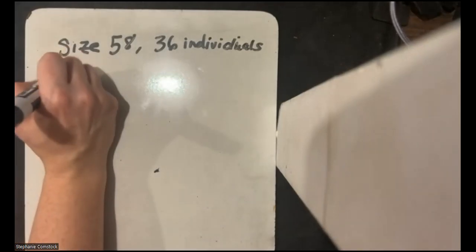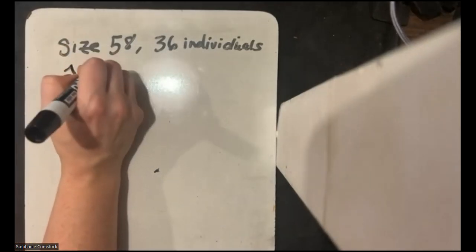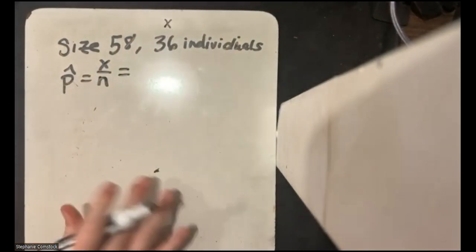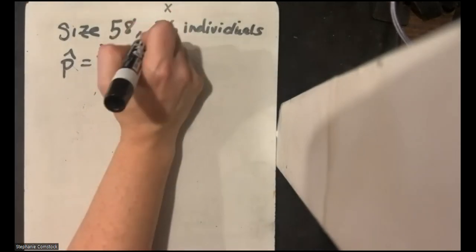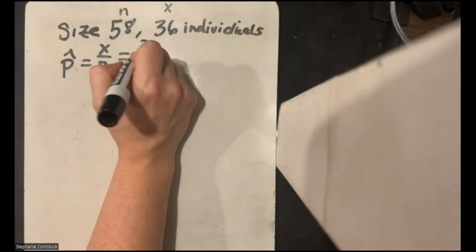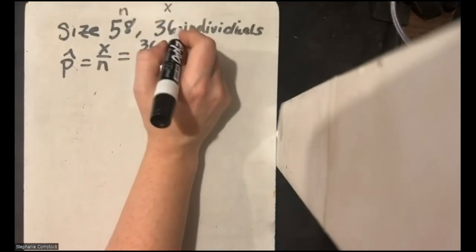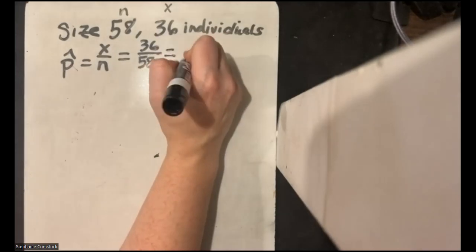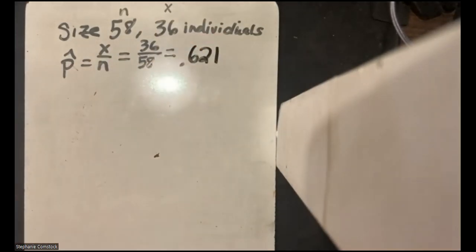Compute a sample proportion P hat. P hat we said was X over N. X is the number in the category that we want, in this case 36. N is the number in the sample, so this would be 36 out of 58. When we divide that down to 3 decimal places, we get 0.621.